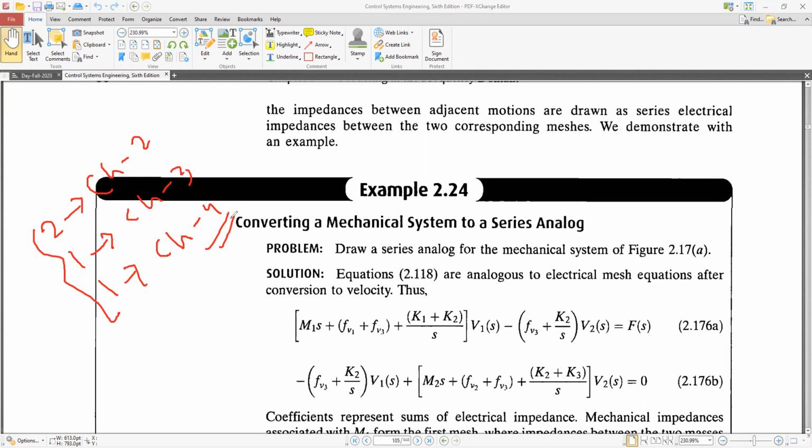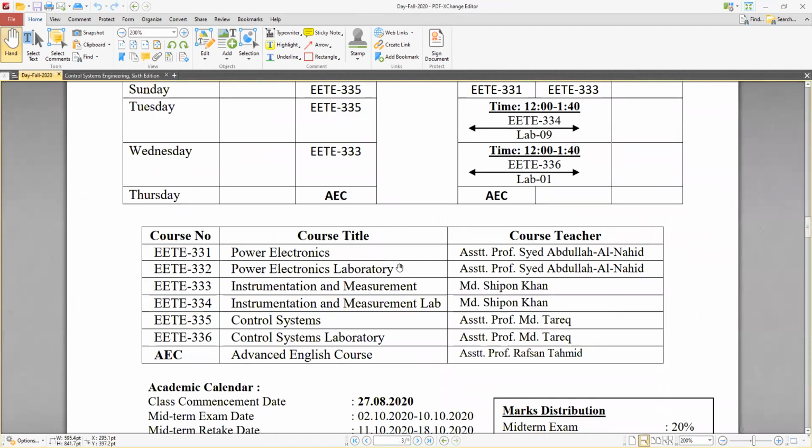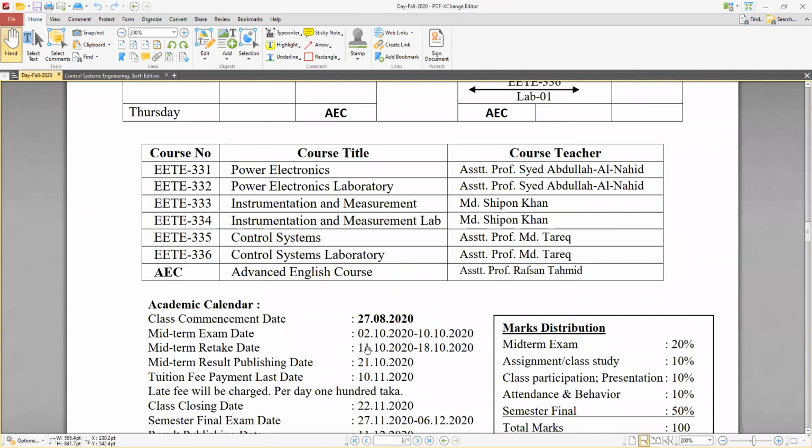Now, tell me when your midterm will start. I think I have the routine. Midterm would start 2 October, or 11 of October, sir.